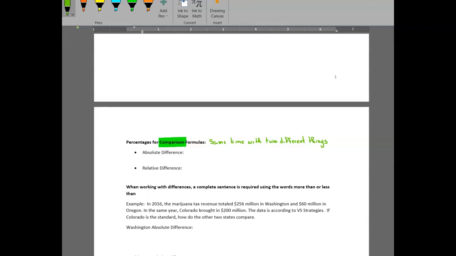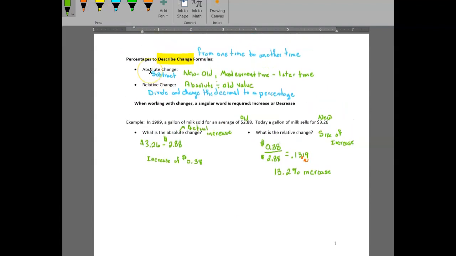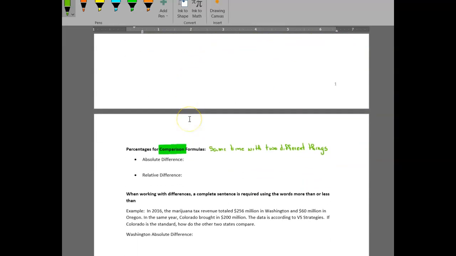But this time, instead of new minus old as we did in our changes, where we had new minus old and then absolute divided by old, we're going to have, instead of the new value, the compared to value minus the standard value. The standard, we might also say the reference value.